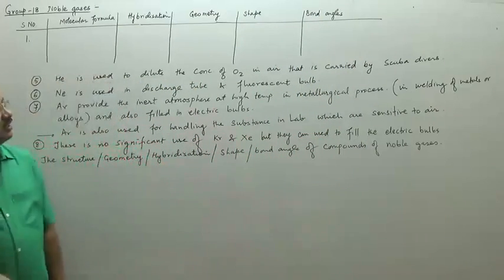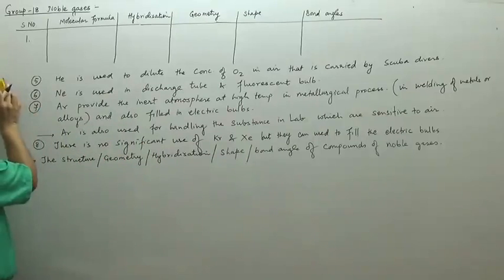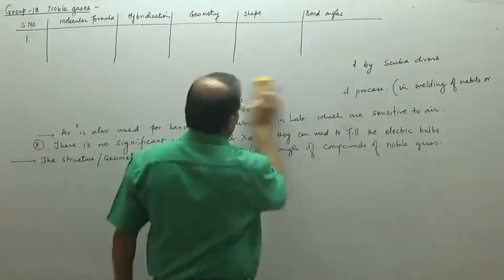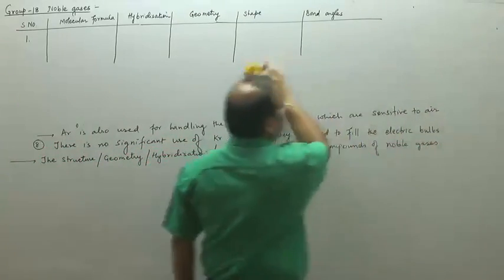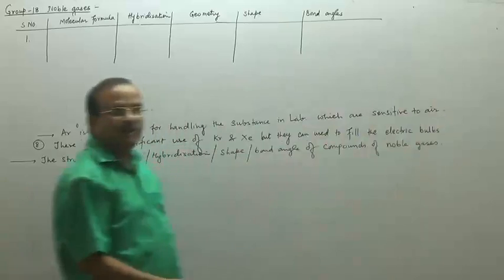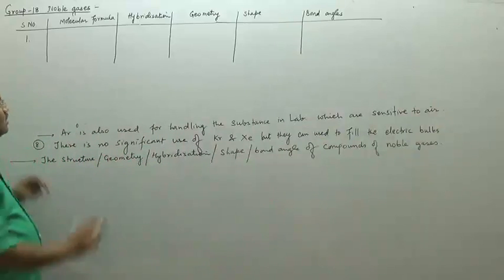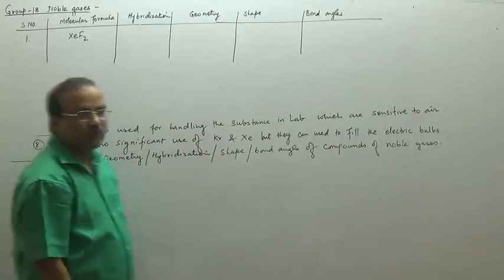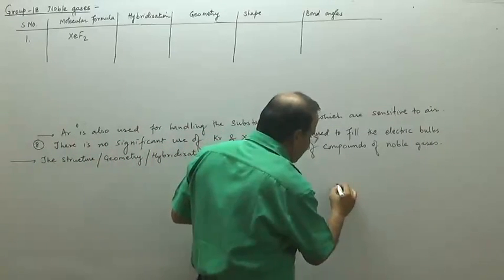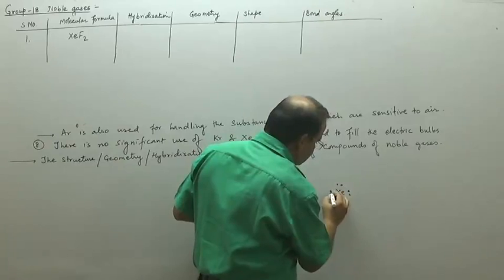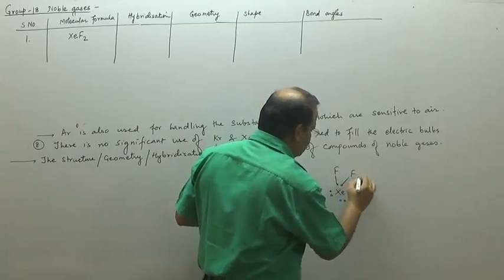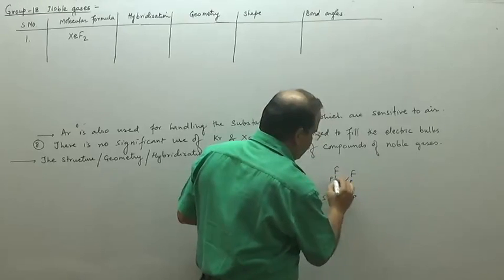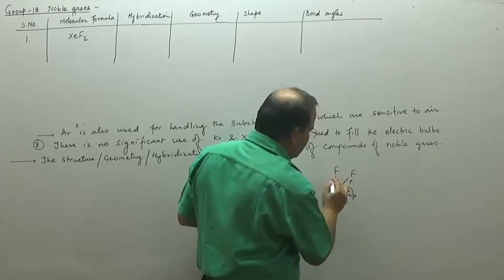Let us take one example. Suppose I have HCF2. In HCF2 there are 8 valence electrons, 2 are bonded, and 3 lone pairs, so s, p, p, p and d.